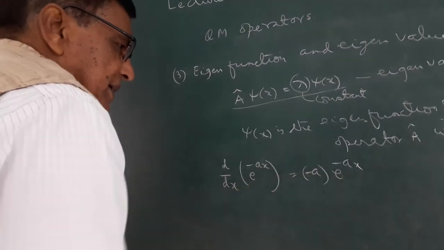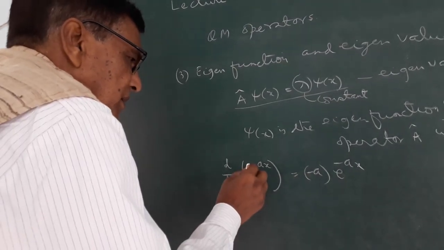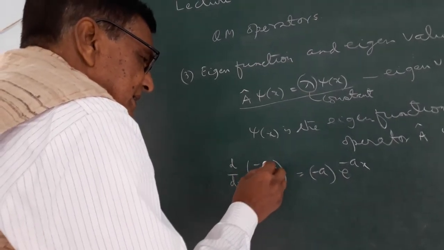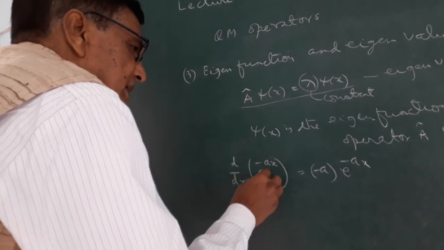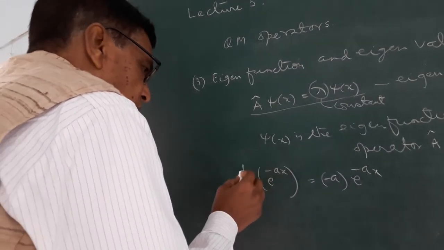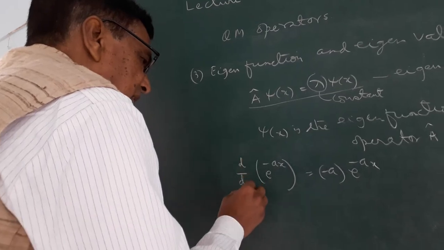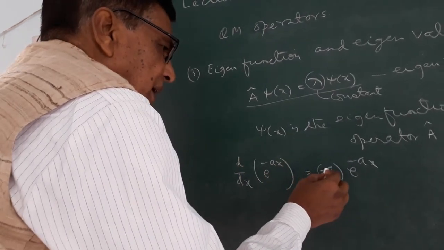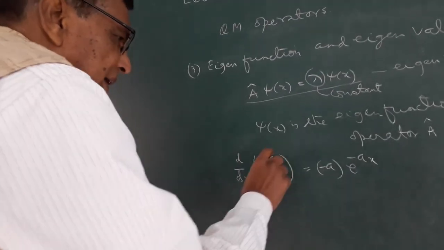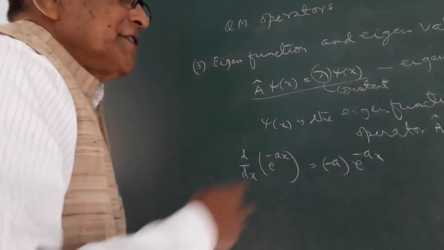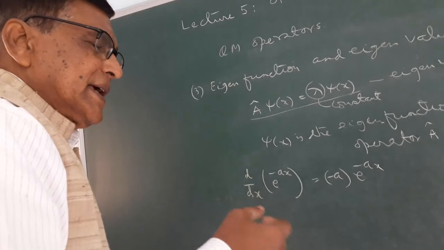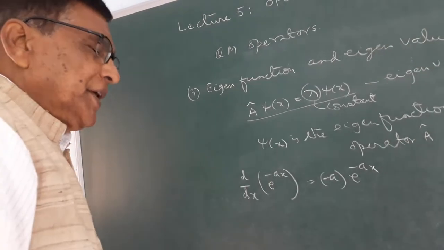It means that e to the power minus ax is an eigenfunction of the operator d by dx with eigenvalue minus a. Eigenfunction always refers to the operator. It has no absolute meaning.